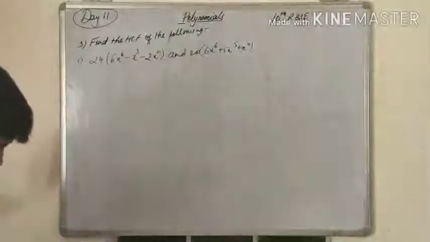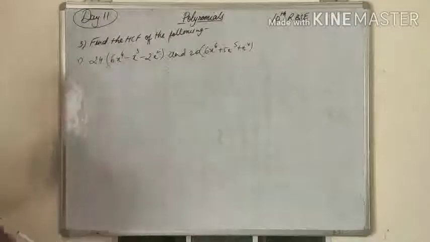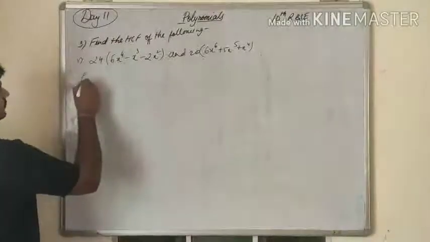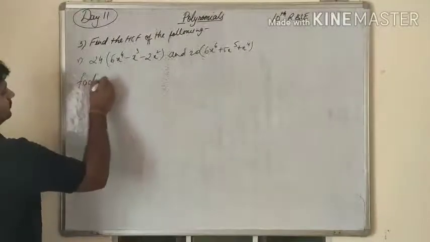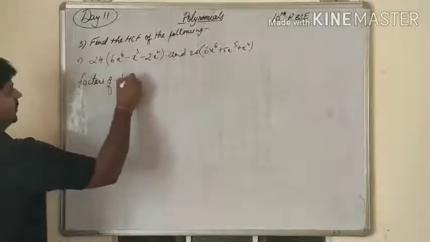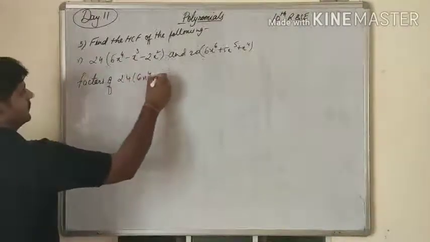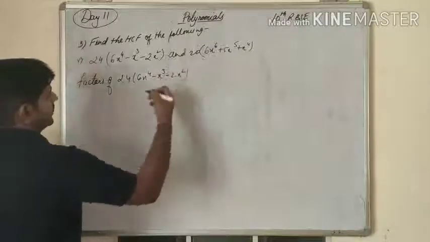There's 20 also and 24. Factors of 24, 6x raised to 4, x cube and minus 2x.